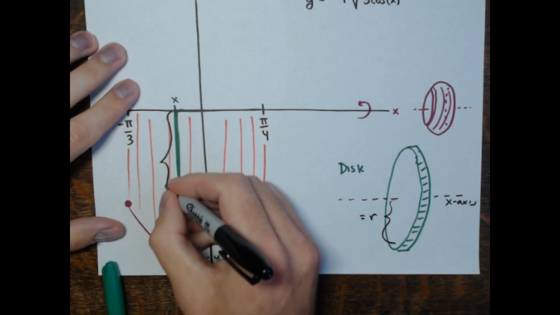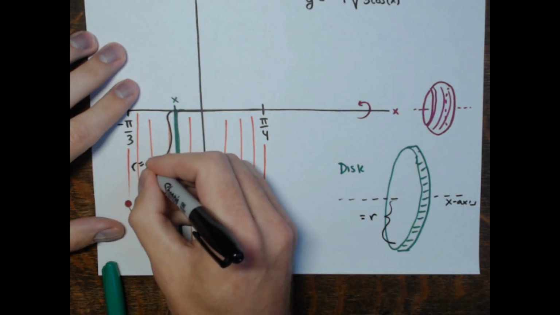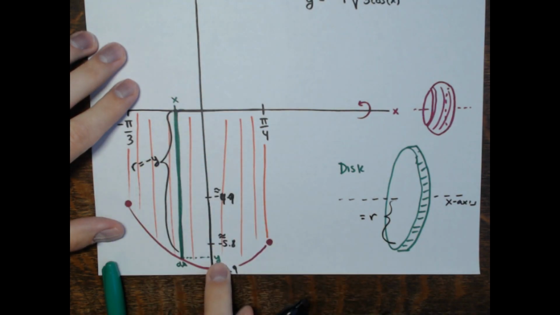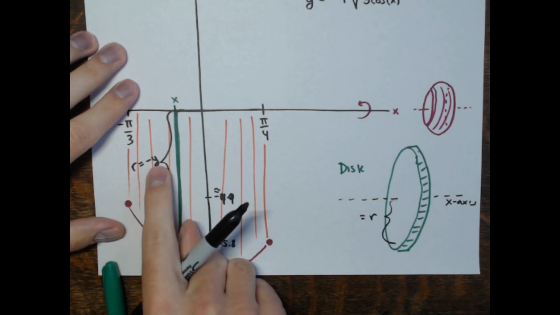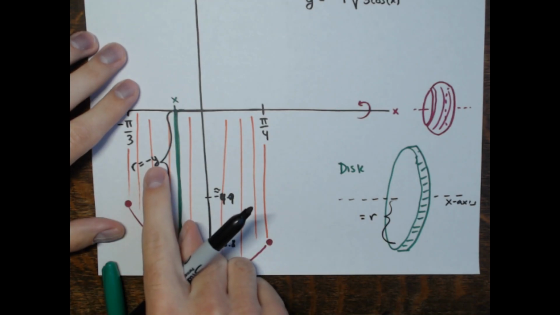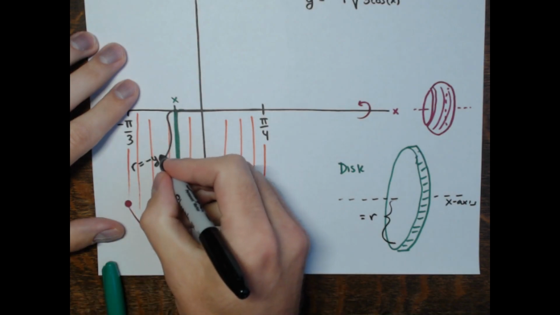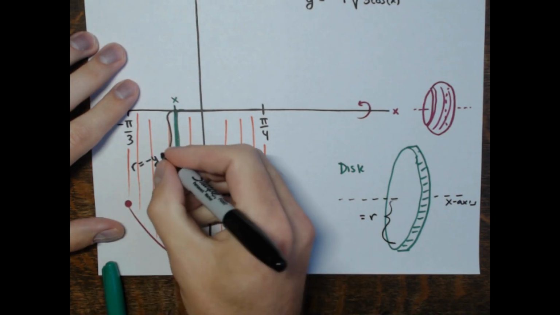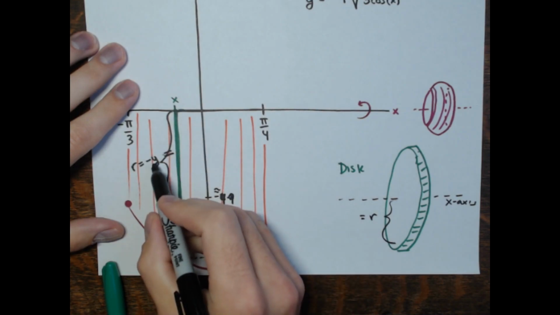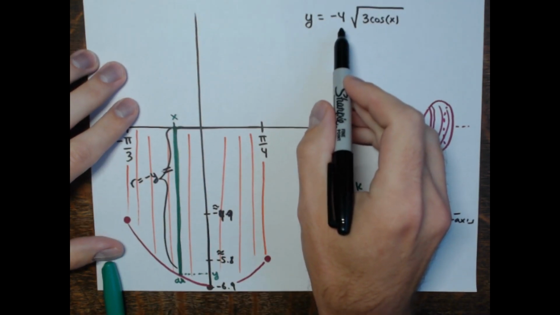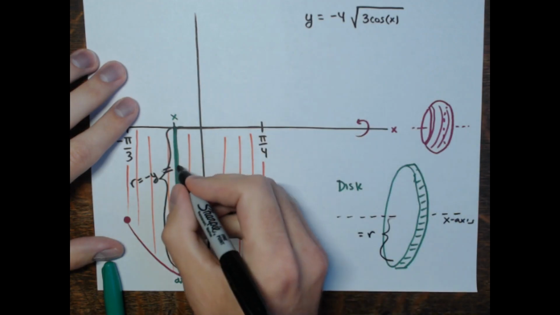Now, can you see how the radius has got to be the opposite of this y coordinate, right? Going down here to this y coordinate, the y coordinate is negative for this point. So I'm saying the radius has got to be the opposite of the y coordinate, right? Which, if I have dx for my thickness, I want this in terms of x. So the opposite of y is positive 4 times the square root of 3 cosine x.